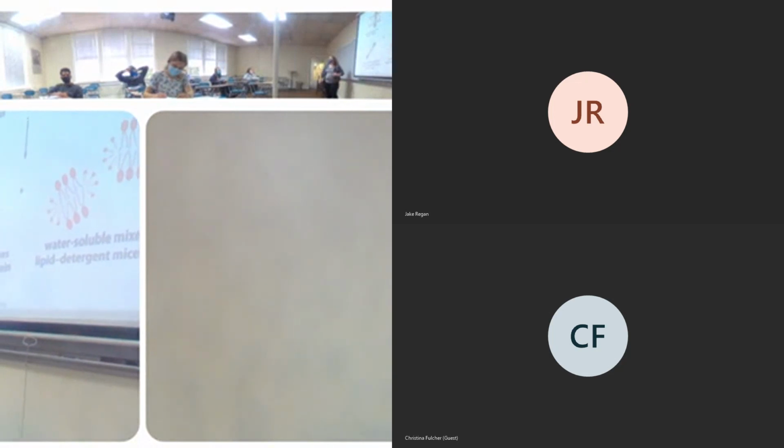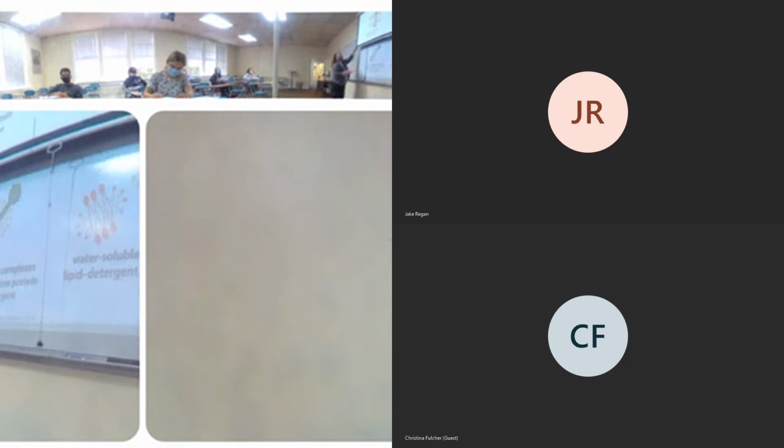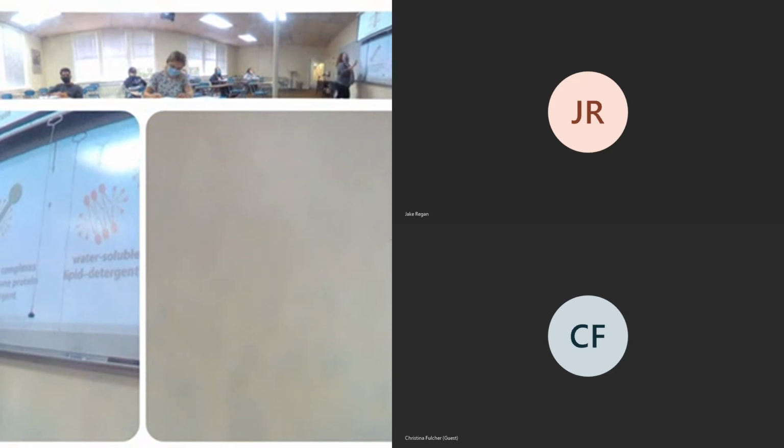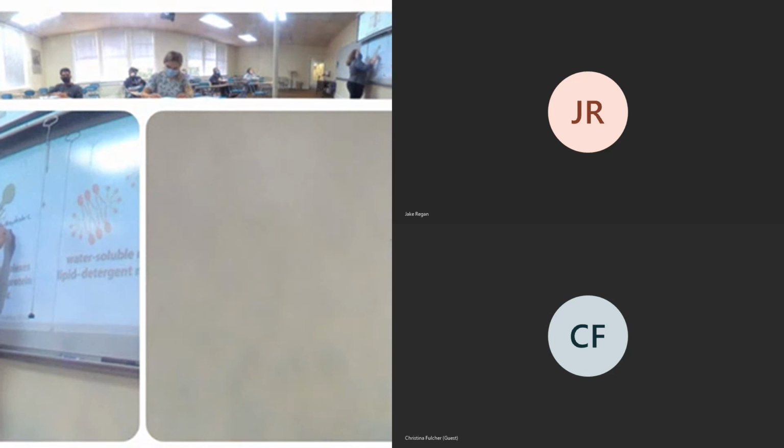They're breaking up the fluid mosaic, and the detergent can coat that hydrophobic region of the protein. So this would be the hydrophobic dark green region. That hydrophobic region is shielded by those detergent molecules.